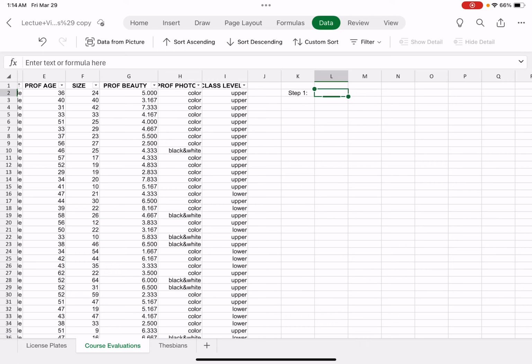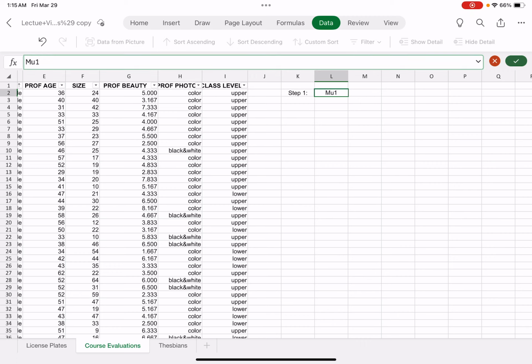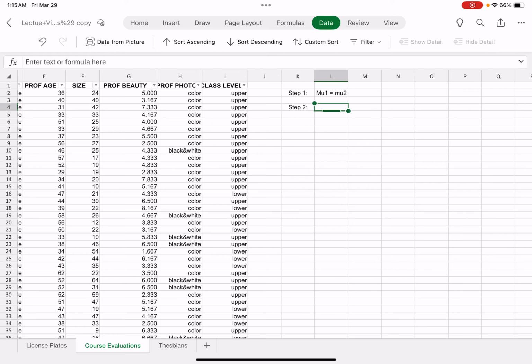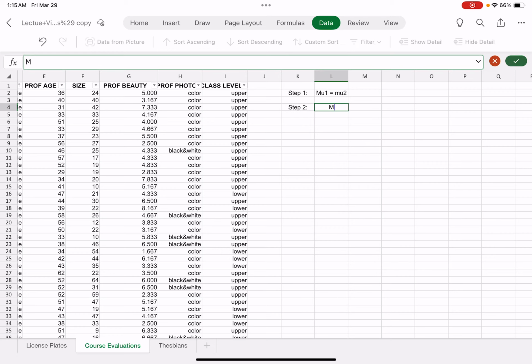So this is going to be mu1 equals mu2. That's my original claim. The negation of that, what is true when that is false, is that mu1 does not equal mu2.